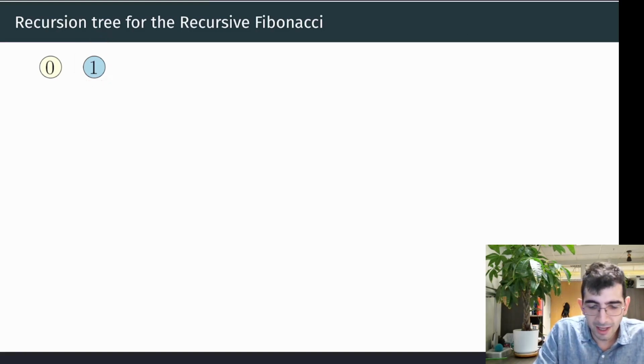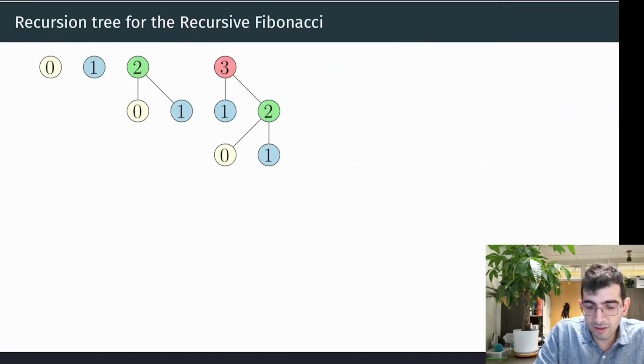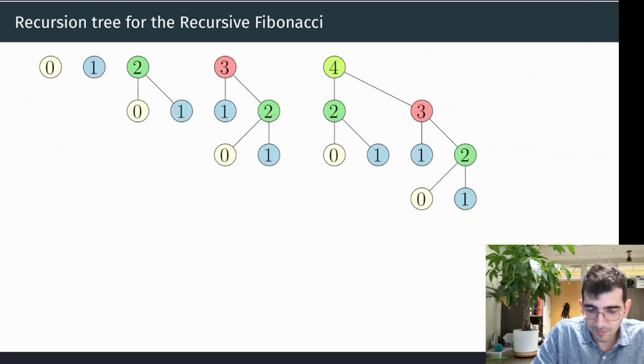If n is equal to 2, then we call n equals 0 and n equals 1. If n is equal to 3, we call the function with n equals 1 and n equals 2, which then calls the function with n equals 0 and n equals 1.